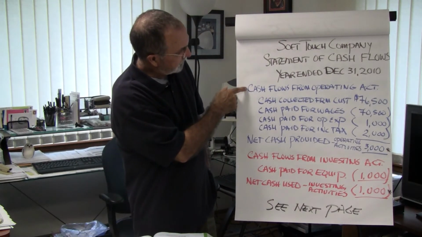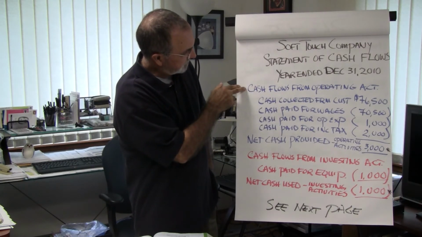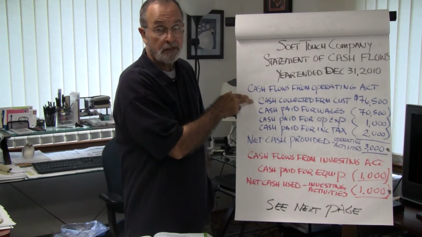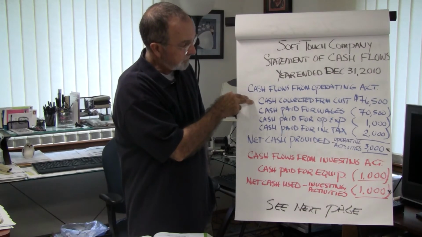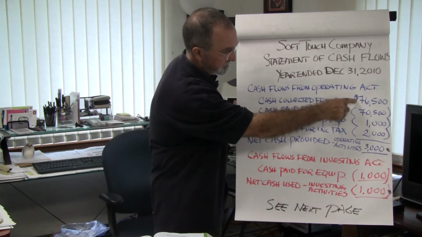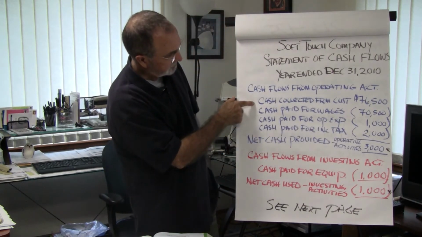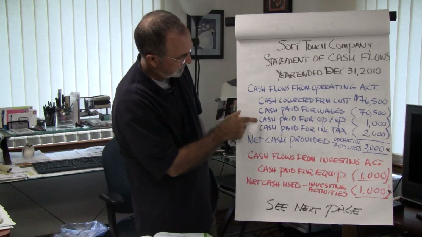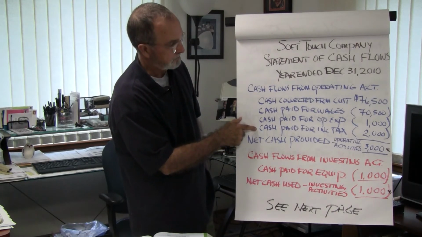We start out with operating activities. We head it up with a title that says cash flows from operating activities, and then we list our various cash flows from operating activities, either positive amounts or negative amounts in parentheses. So we have cash collected from customers, we have cash paid for wages, cash paid for operating expenses, and cash paid for income taxes.